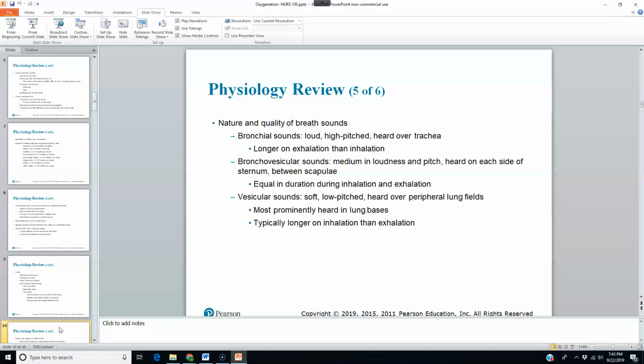Between those is just a tiny amount of fluid, and that's what allows these structures to glide and slide across one another without friction during inhalation and exhalation, okay?